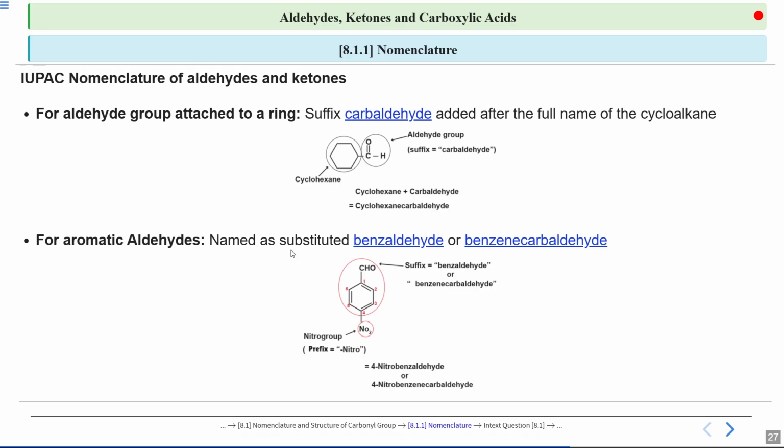Both of them are absolutely right. So how will you name it? First we will see the prefix which is 4-nitro. So it can be either 4-nitrobenzaldehyde or 4-nitrobenzenecarbaldehyde. Okay, you can write either of the names and both are correct.